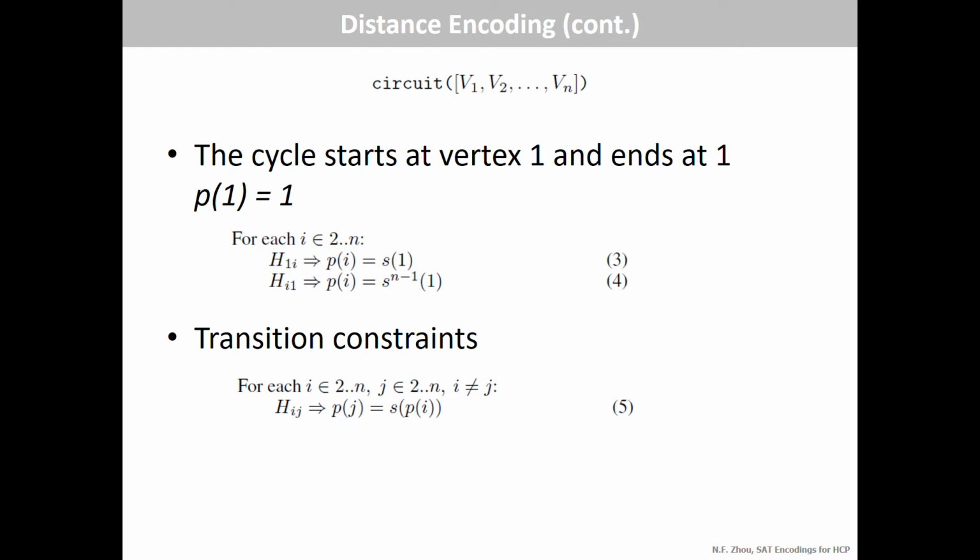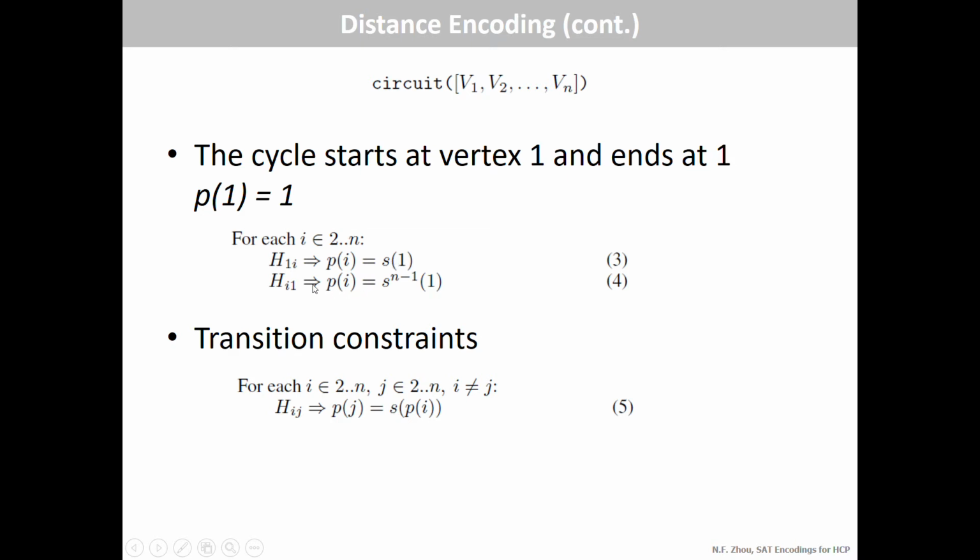And there are constraints on position variables. First, vertex 1 is visited first, so vertex 1 is mapped to 1. And for each non-starting vertex I, if I is visited after vertex 1, then I's position is the successor of 1.